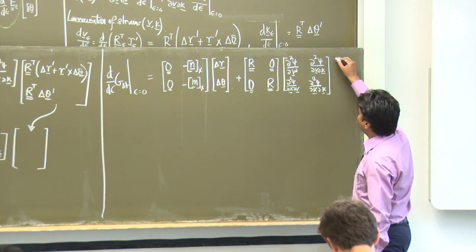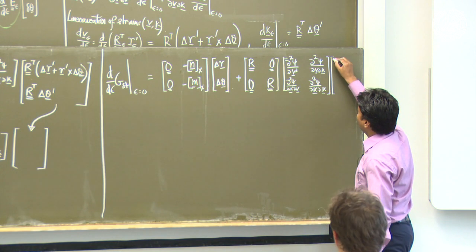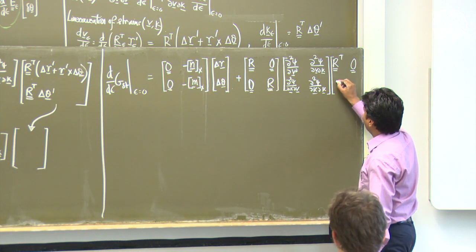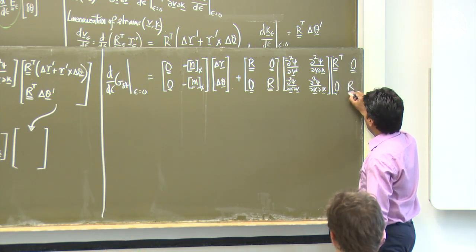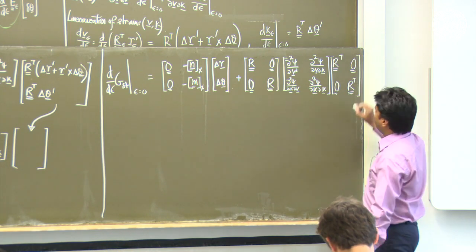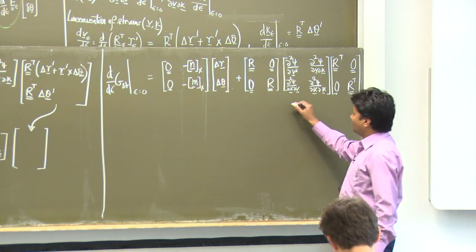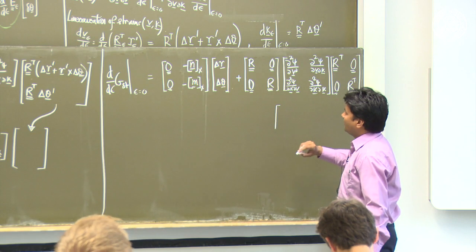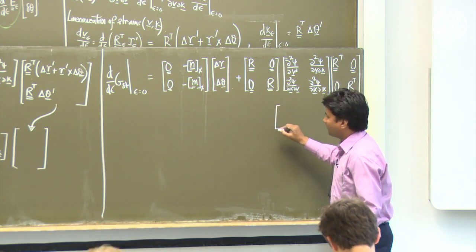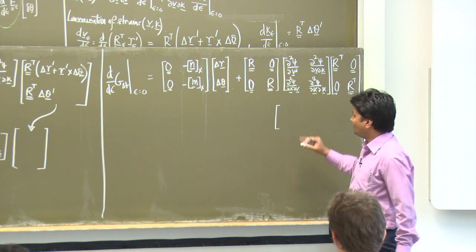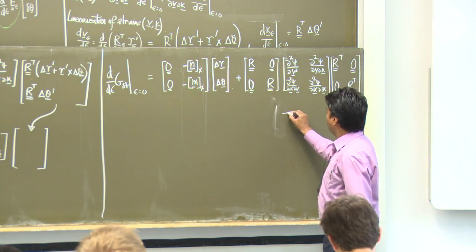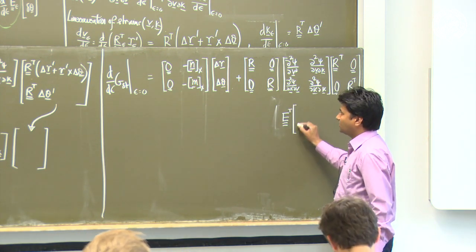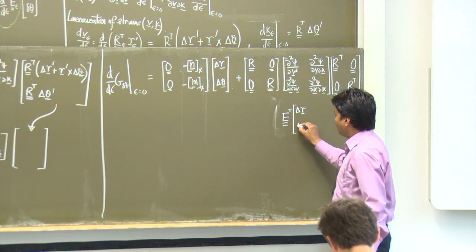And you will be surprised that this is the same as big R transpose 0 0 big R transpose into, so you see all the matrices are there, you get another matrix which is nothing but your E transpose multiplied with delta R delta theta.